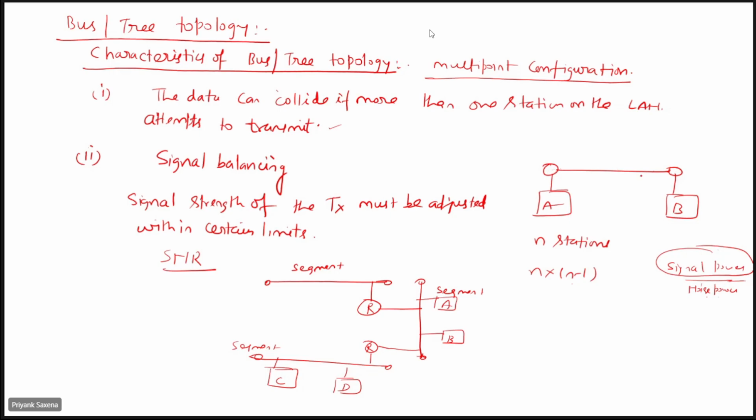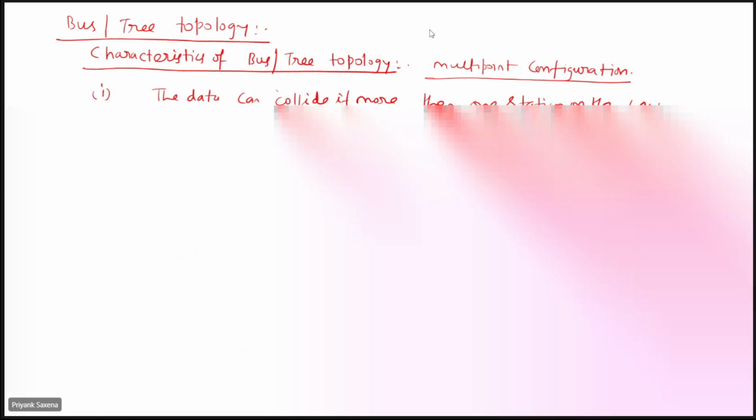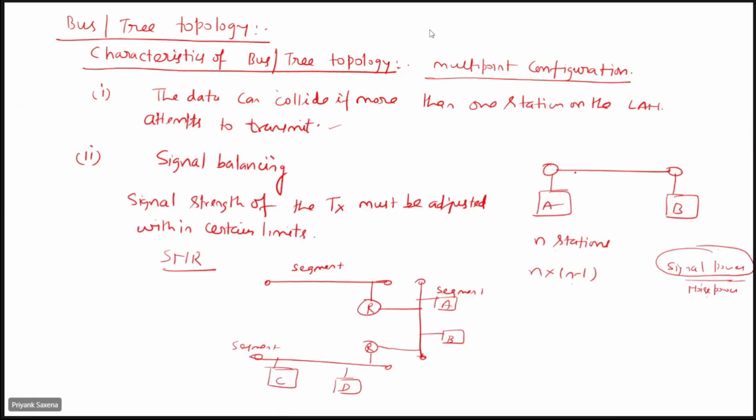But when we talk about a multipoint configuration, with n stations, adjusting on a single link for n stations means there will be n into n minus 1 links, and adjusting on all those links will be very difficult.